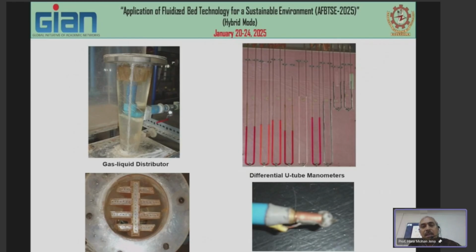Then these are the manometers, differential U-tube manometers used for the measurement of the pressure drop, and this is a conductivity probe used to sense the signal of the flow of the gas bubbles.